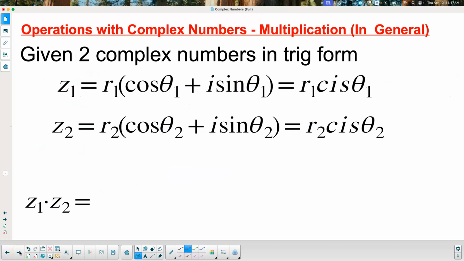So with that being said, given two complex numbers in trig form, if we're multiplying them, we first multiply the r values.